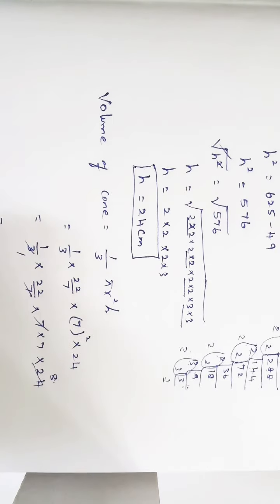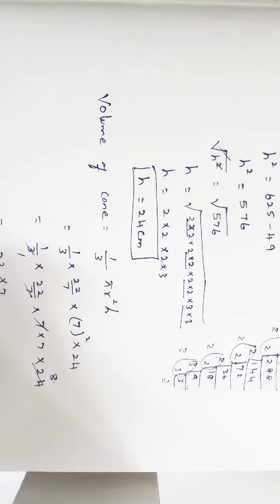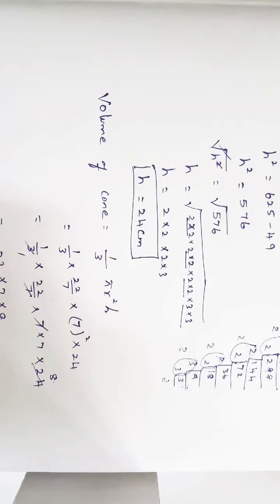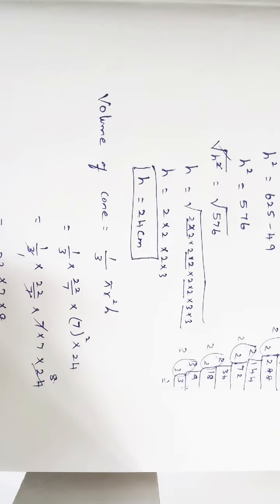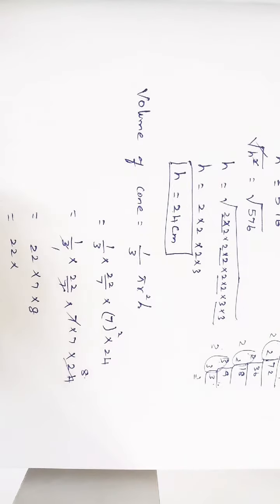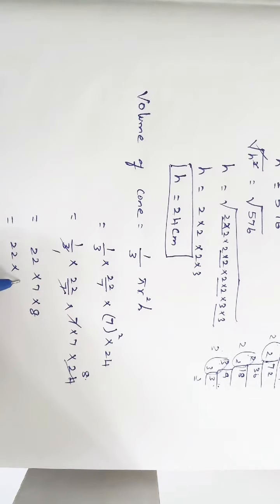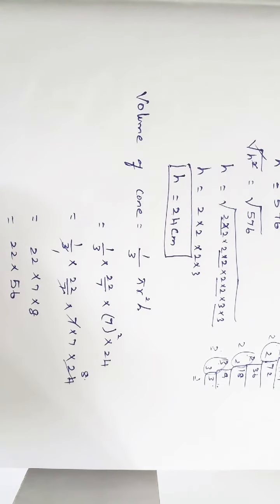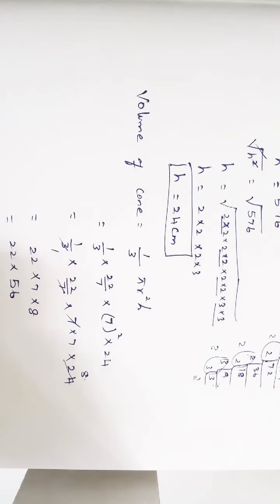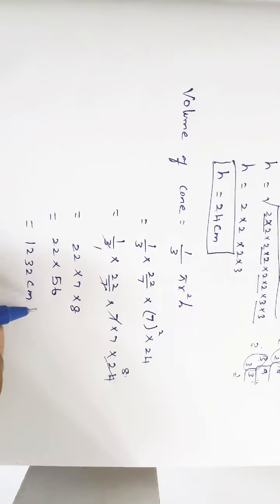So what remains is 22 into 7 into 8. So 22 into 8 7s are 56, right? So 22 into 56 is equal to 1232 centimeter cube.